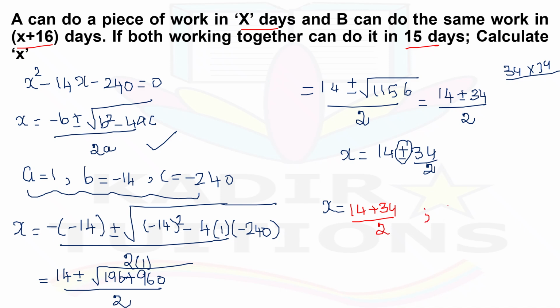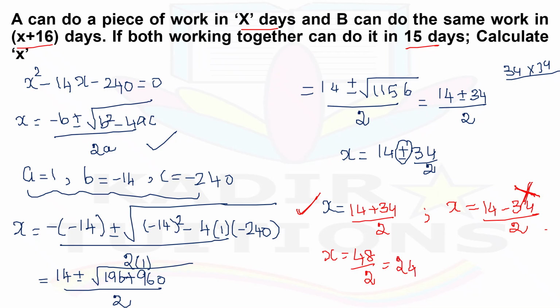Another value of x is going to be 14 minus 34 by 2. Anyway, we don't want the negative value, right? Because the number of days they take cannot be negative. So we are cancelling this and taking the other. So x equal to 14 plus 34, which is 48, divided by 2. It's nothing but 24.